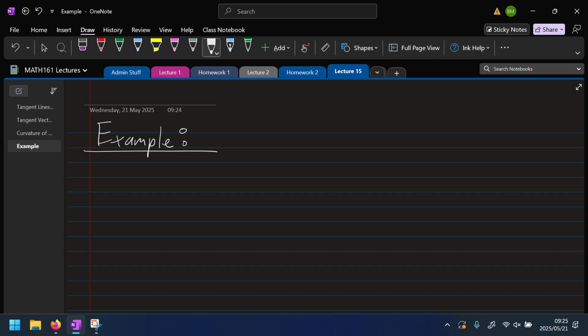Okay, so we've got some particle moving around. We want to know what is the curvature when it bends around. So find the curvature at t for the parametric curve.